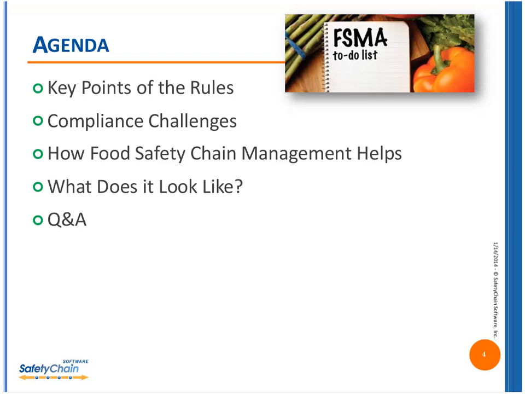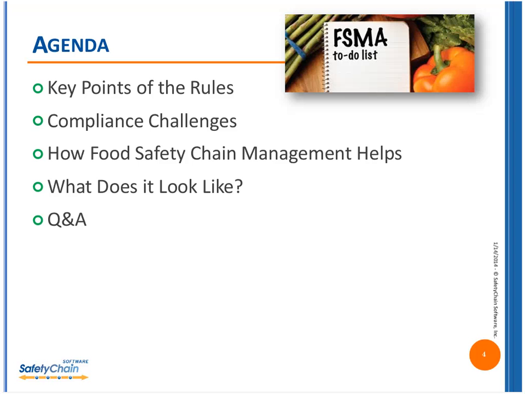So our How-To series has a very high-level agenda here. We're going to try to get you out of here in 30 to 45 minutes, probably closer to 45. I hope we've got a lot of questions. We're going to very quickly summarize the key points of these two rules as they were presented to us by the Atchison Group on FSMA Friday.